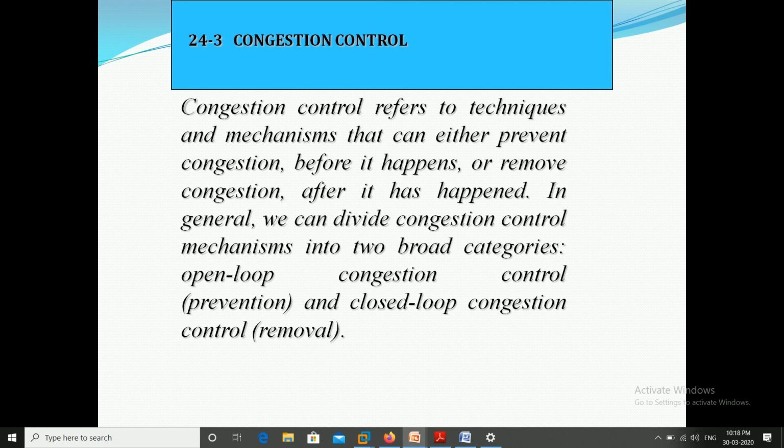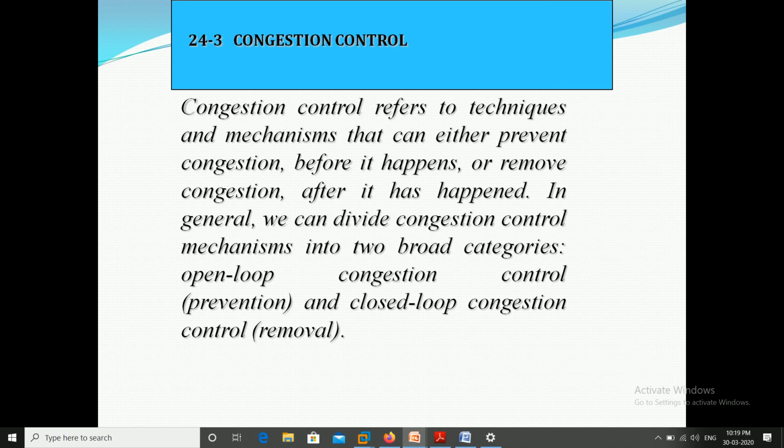In layman's language, we can term open loop as prevention. That means by default we want my network to be congestion free. In closed loop, what is that? Removal. When there is congestion, it will take appropriate action. I think you are able to understand. We have two types of congestion control technique: open loop and closed loop.